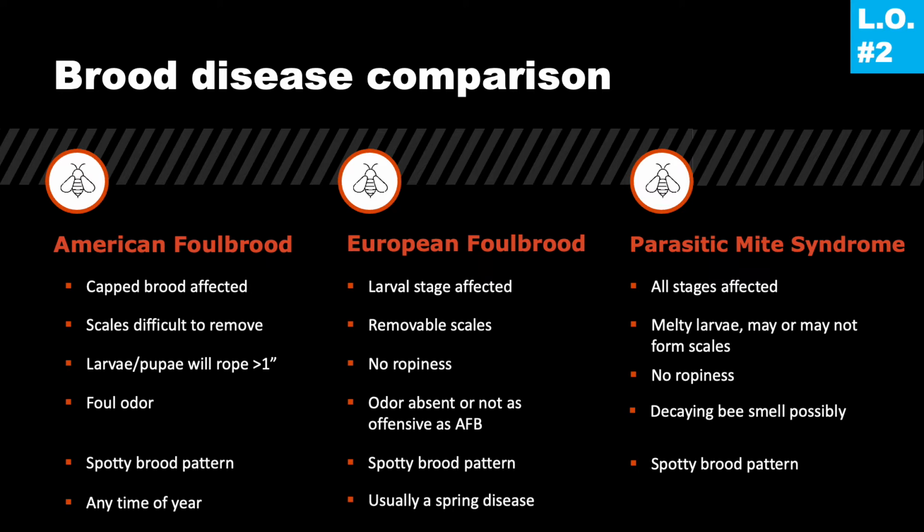Whereas European foul brood is typically associated with spring, when bees have returned from traveling for pollination services, when resources, nectar and pollen, may be low, so the bees have additional nutritional stress, and these additional transportation and nutritional stresses weaken their immune system and predispose them to this bacterial infection. And last, parasitic mite syndrome, we typically see in late summer or fall.